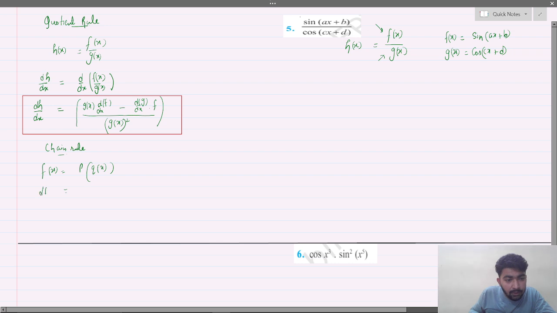If we want to differentiate, df/dx, we need to find the derivative of the outer function with respect to the inner function, so dp/dq, and the derivative of q with respect to x.